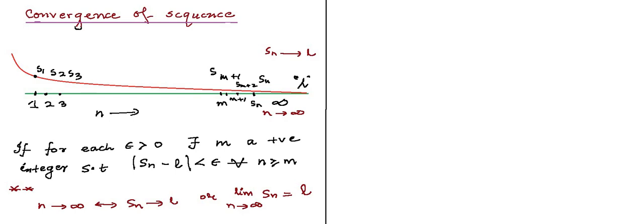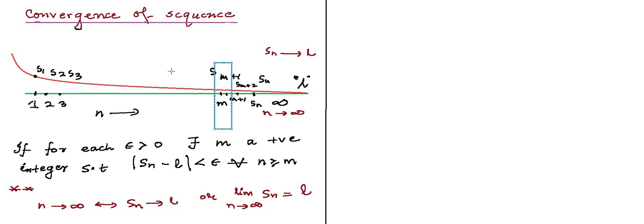Now the definition ensures a few points that we have to keep in our head. From some stage onwards, when we reach a particular value m, the distance between Sn and L can be made less than any pre-assigned positive number epsilon, however small.